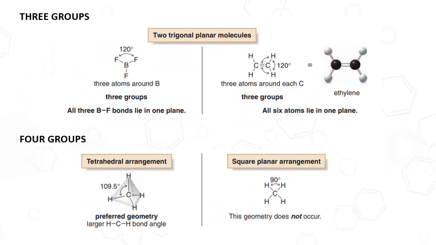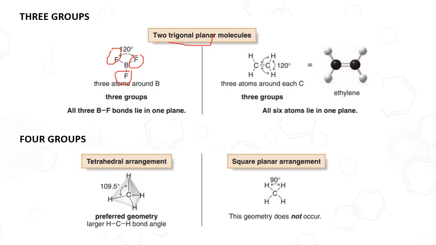For three groups, you have boron trifluoride, for example. So you have a boron surrounded by 1, 2, 3 atoms. So trigonal planar is your geometry.